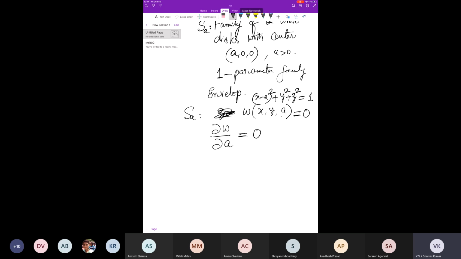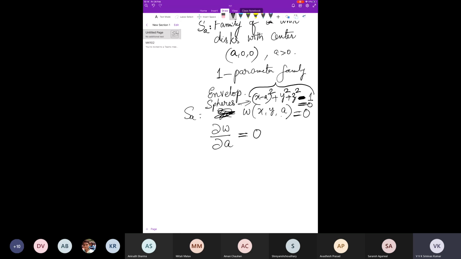These are, in fact, not disks, they are spheres. The sphere equation is x minus a whole square plus y square plus z square minus 1 is equal to 0. This is our w. So we have this equation, and we have differentiation of this with respect to a equal to 0. What do you get if you differentiate this with respect to a?